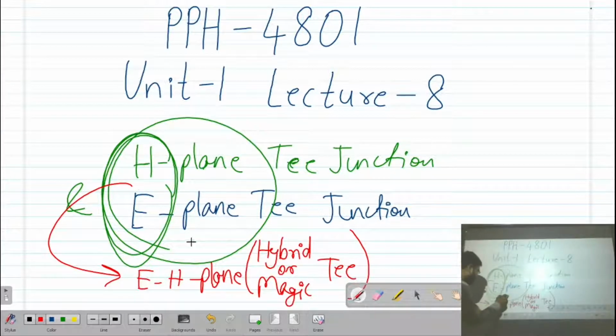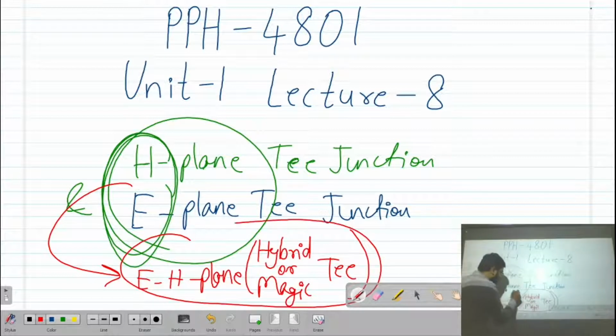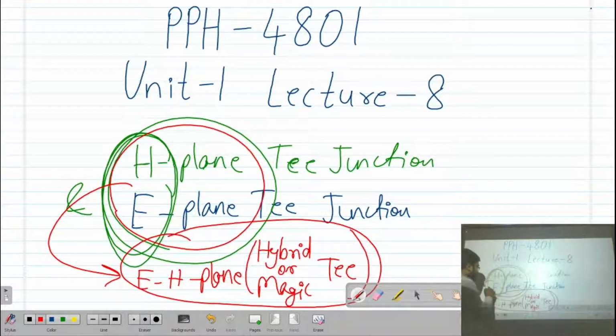So today we are going to see the combination of E and H, which gives rise to the EH plane junction.